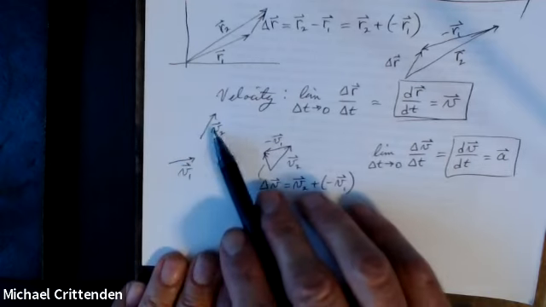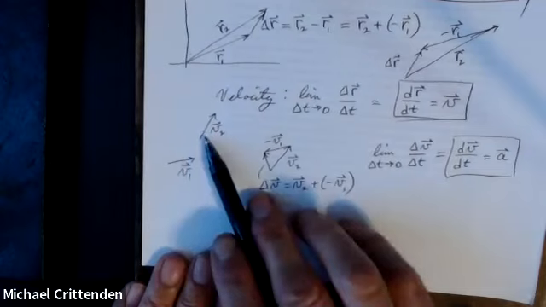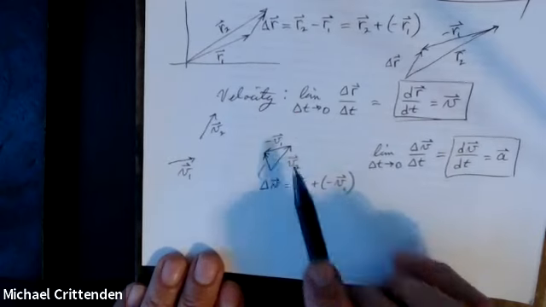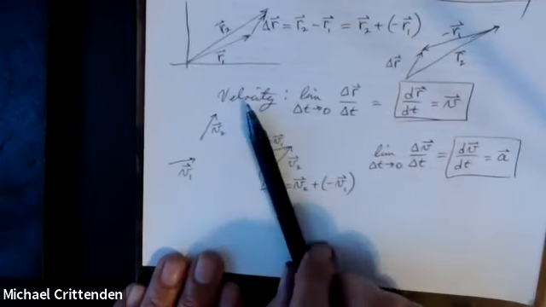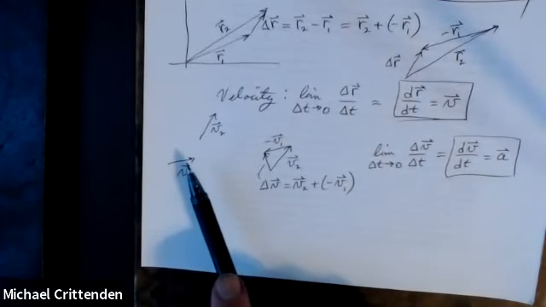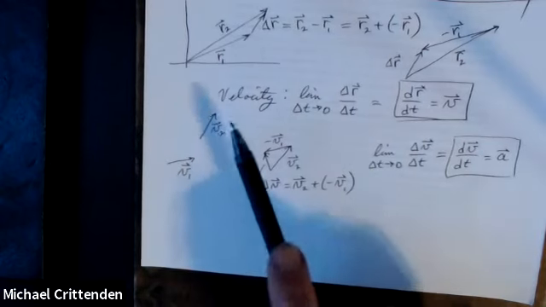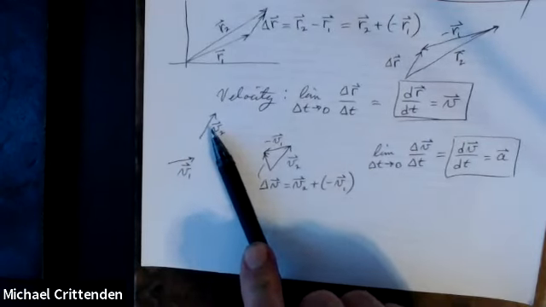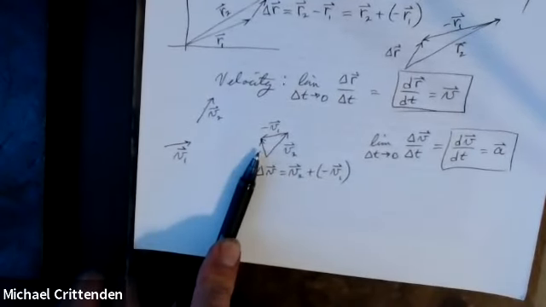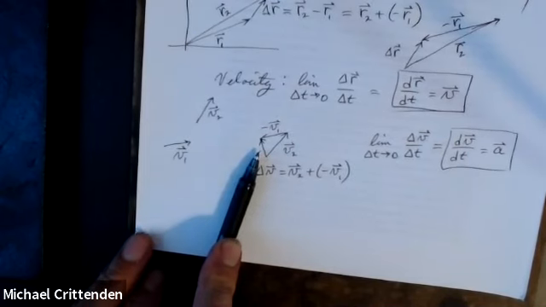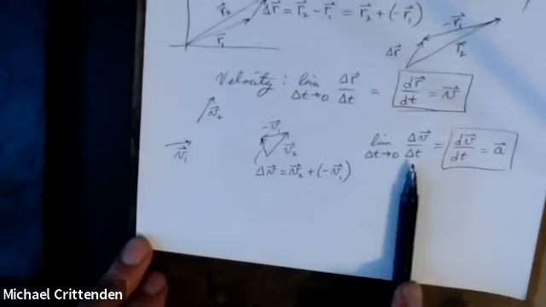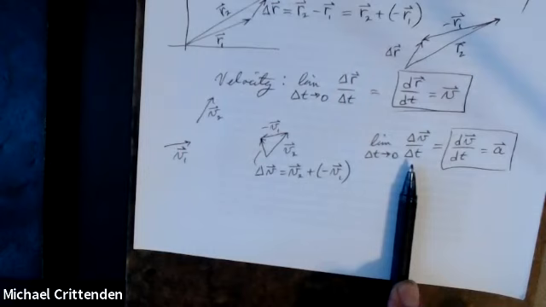But even if V1 was a little bit longer, it would just tilt the resultant a little further over that way. But if this insect is going 4 miles an hour to begin with and still going 4 miles an hour in the end, notice that delta V is not 0 because of the difference in direction. And if delta V is not 0, the acceleration is not 0, okay?